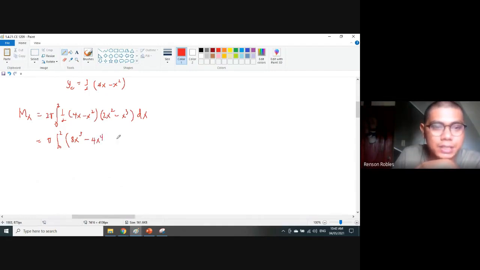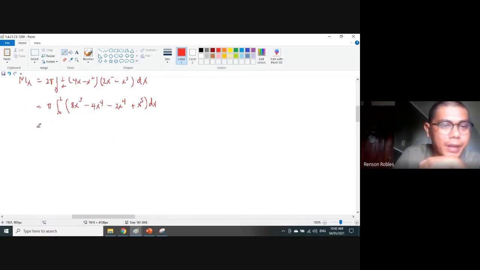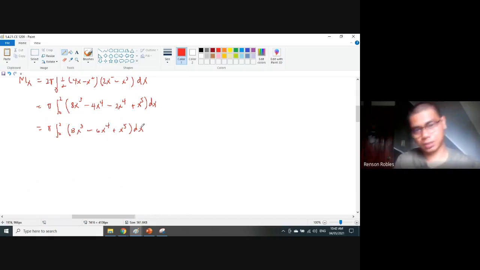Negative x squared times 2x squared is negative 2x to the 4. Negative x squared times negative x cubed is plus x to the 5, dx. Then we just combine these: pi, integral from 0 to 2 of 8x cubed minus 6x to the 4 plus x to the 5 dx.